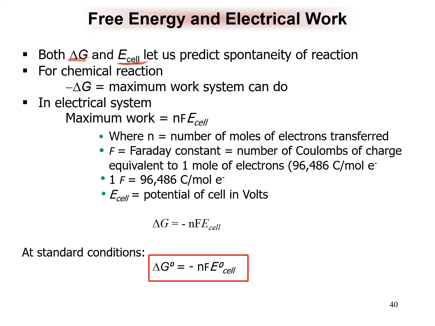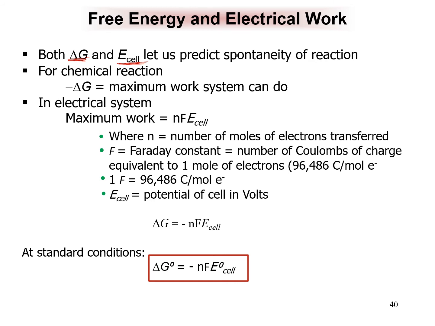So both G, free energy, and E of the cell help us predict spontaneity of a reaction. For a chemical reaction, a negative delta G value means a reaction is spontaneous. For an electrical system, E of the cell has to be positive. That means the reaction is spontaneous.